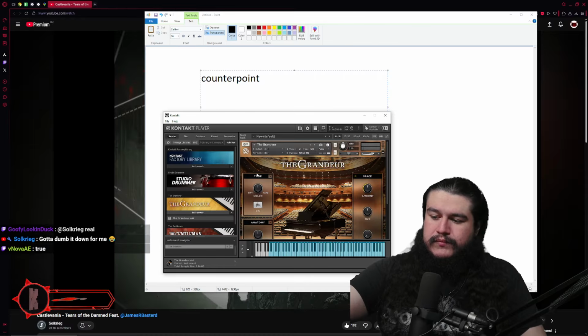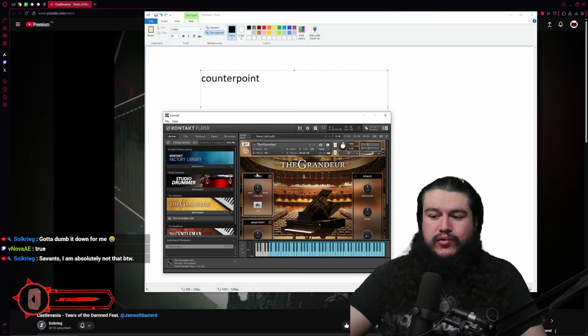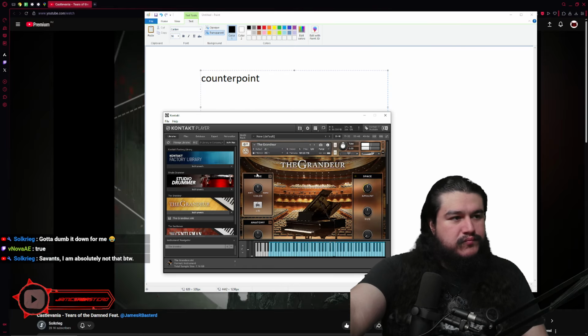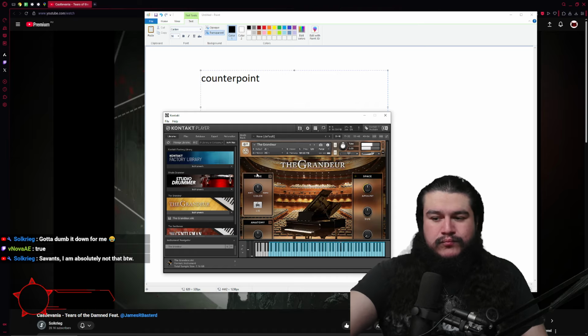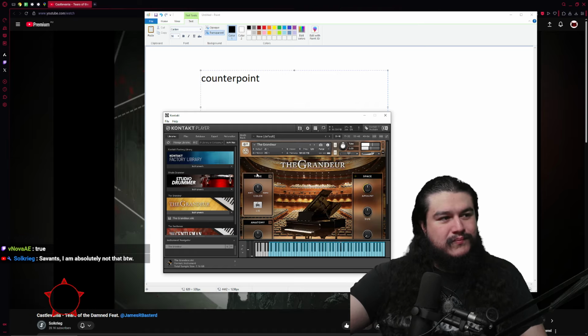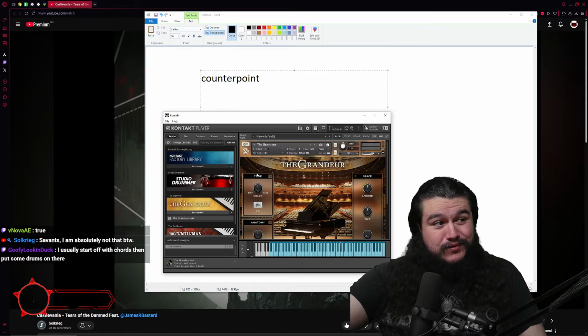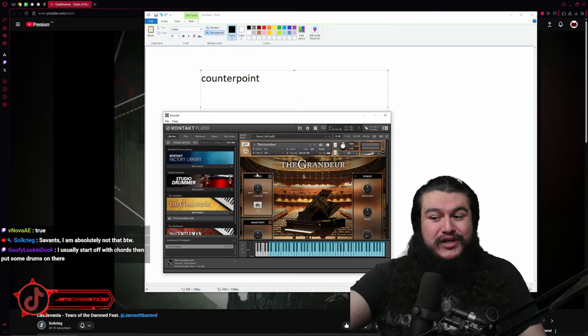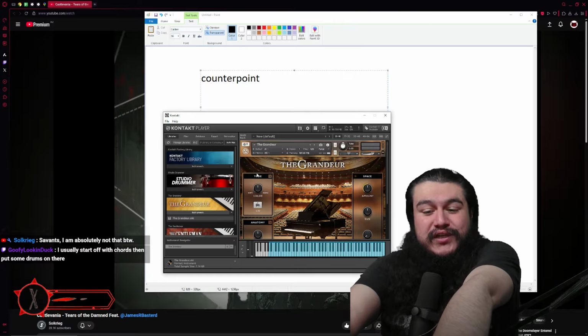Wait, we have this one, of course. But the actual motif. That is the motif of the first movement of the Moonlight Sonata. That's the first motif, you know?